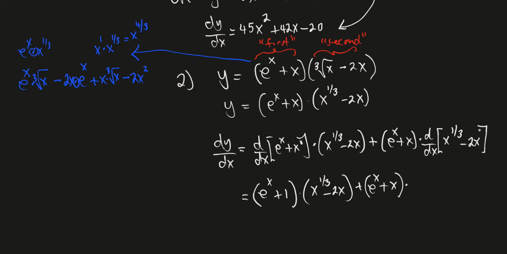And then now we have to write down the derivative of the x to the 1/3 minus 2x. Now using our power rule, we will have 1/3 x to the negative 2/3, when I subtract 1 from the 1/3 exponent.